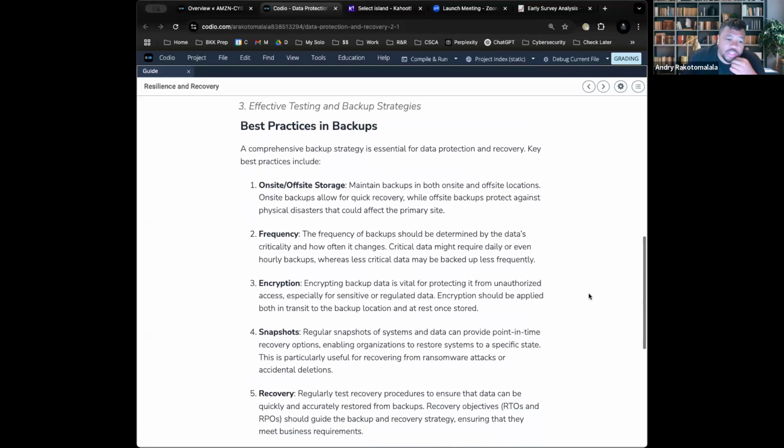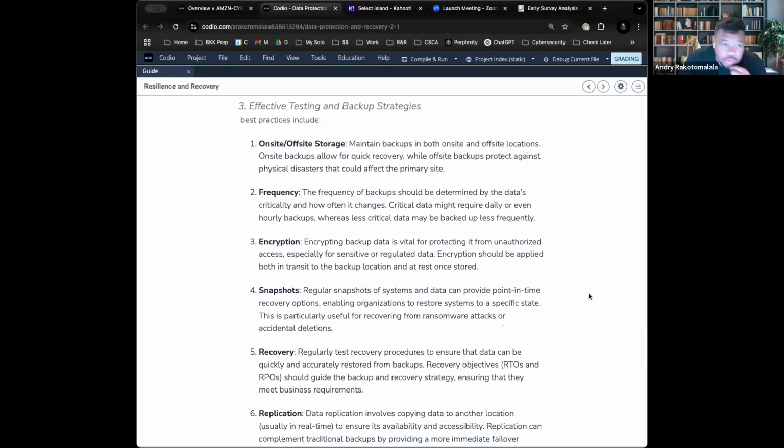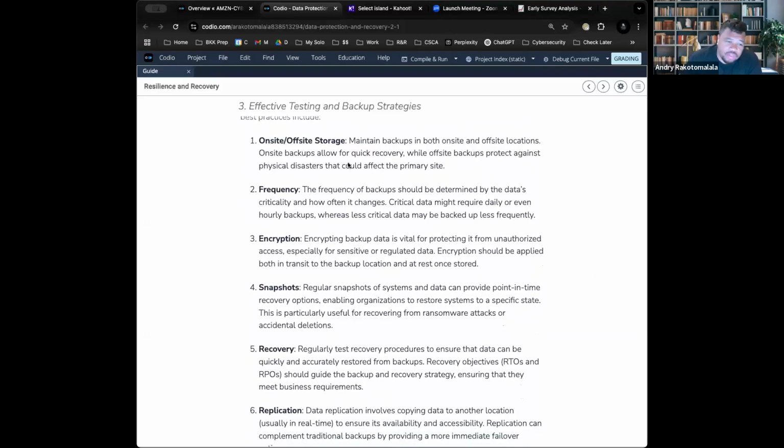All right. So you have to have backups, right? So if you want to have effective backups, you have to consider, okay, what are the things I need to do? Well, one of the first things you need to keep in mind is if you're going to have on-site or off-site storage. As we'll talk about this a little more later, I'll skip that. But you also have to decide on the frequency. Now, the frequency to me is pretty simple.